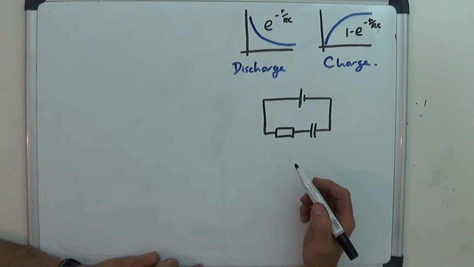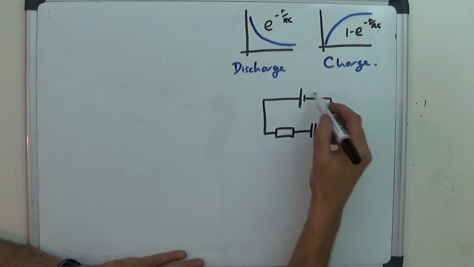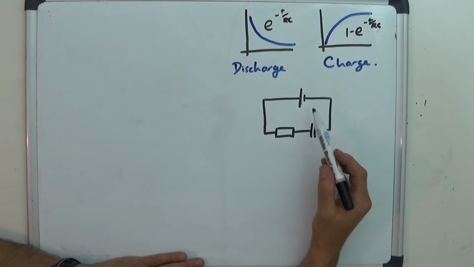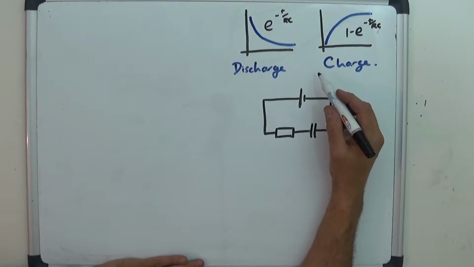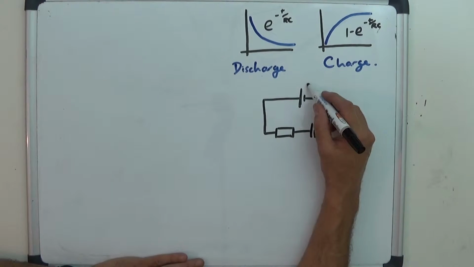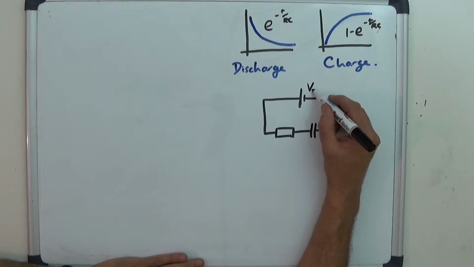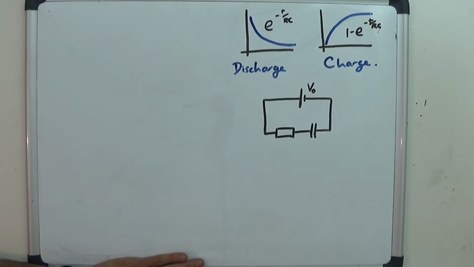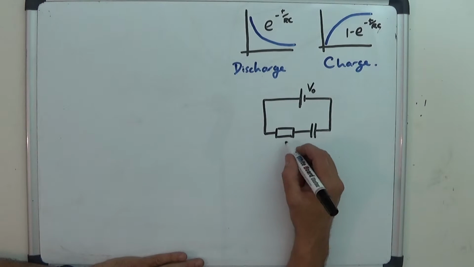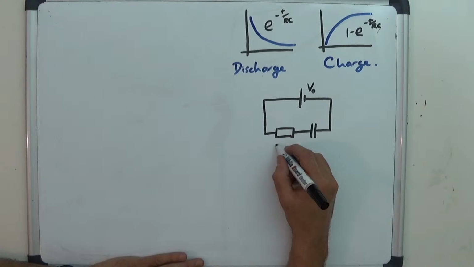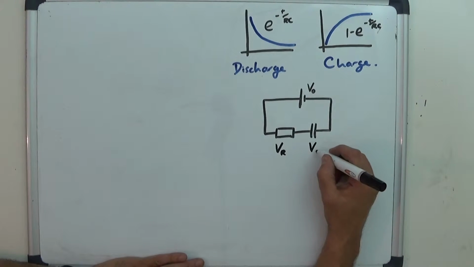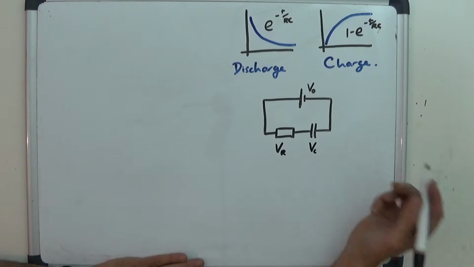So in order to understand where this comes from, you have to think about the energy that's going on in a charging circuit like this. The energy being given to the circuit is basically the potential difference of the cells times any charge that goes through them. The energy being taken out of the circuit is the potential difference across the resistor plus the potential difference across the capacitor, which I'm going to call VC for now.